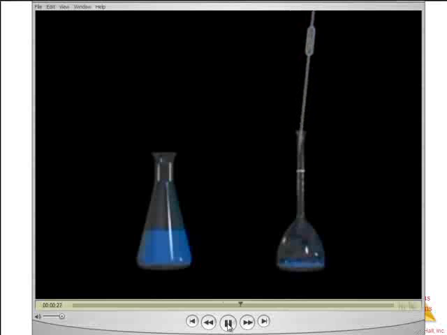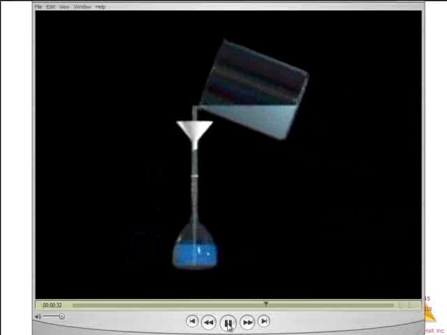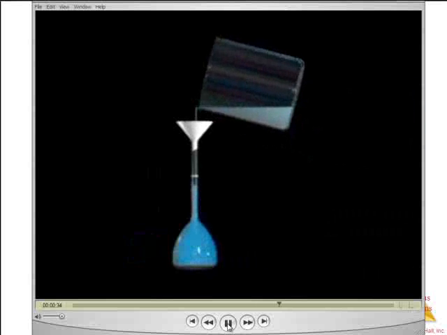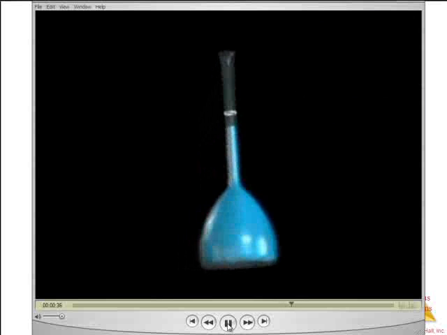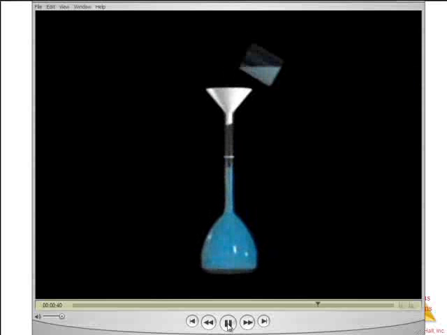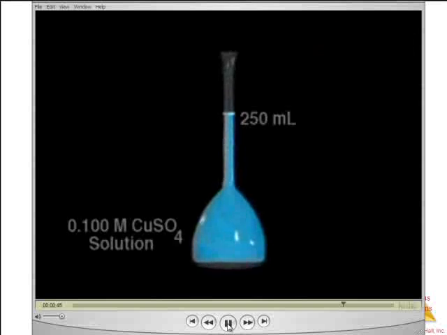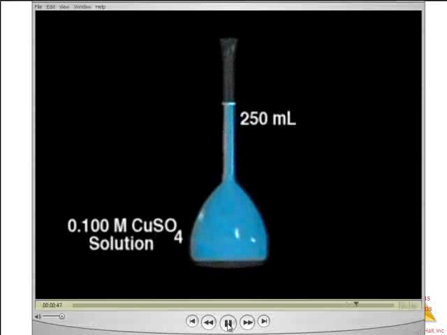This amount of stock solution is then added to the 250 milliliter volumetric flask. We then add water and swirl the flask to ensure good mixing with the added water. More water is added to bring the volume to the mark on the flask that indicates precisely 250 milliliters. We now have our final solution of 0.100 molar copper sulfate.